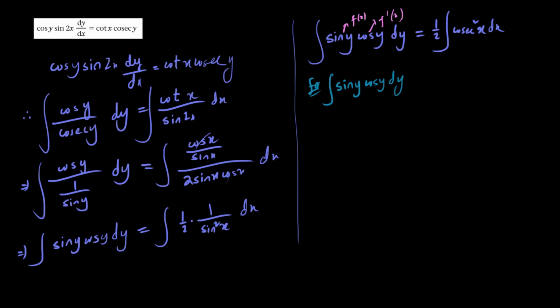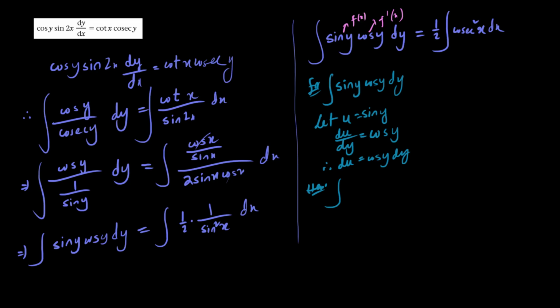but anyway, what we can do here is let u equal sin y, that means du by dy is going to be cos y, therefore du equals cos y dy.